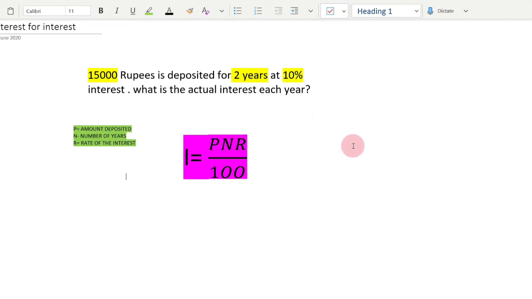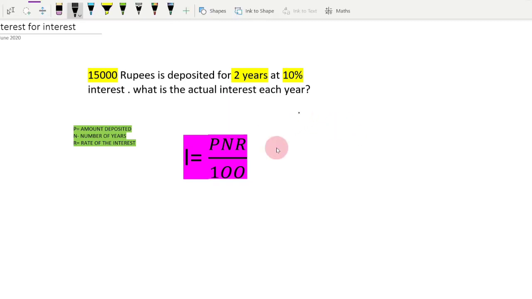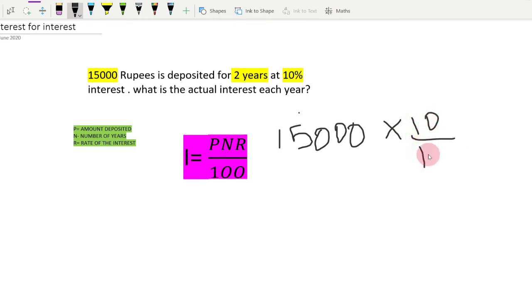The interest for 1 year is 10% of 15,000, that is 15,000 into 10 by 100.